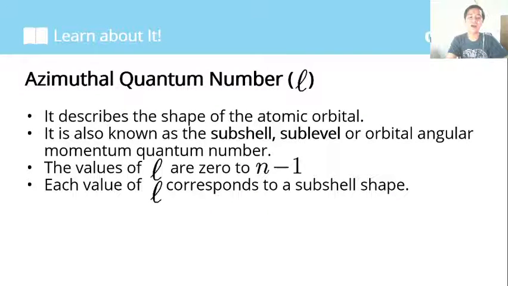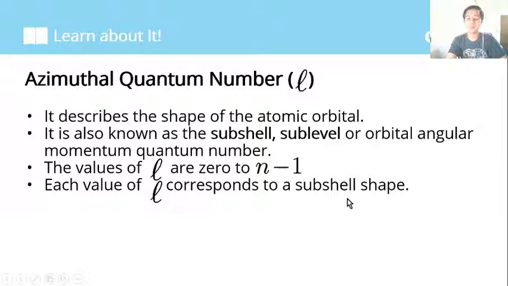What are the allowed values for the azimuthal quantum number? The allowed values for L are 0 to n minus 1. Again, n is the energy level, or the principal quantum number. Whatever the principal quantum number is, we subtract 1 from it. That's how we get the values for the azimuthal quantum number. Each value corresponds to a sub-shell shape.